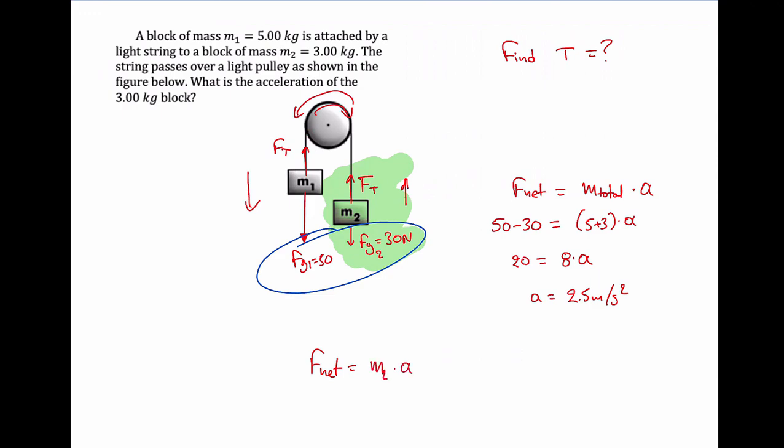Object 2 is moving upwards, so the F net is Ft minus 30, which is equal to mass 2 multiplied by the acceleration. So tension minus 30 is equal to 7.5, and from this we get that the tension is 37.5 Newton.